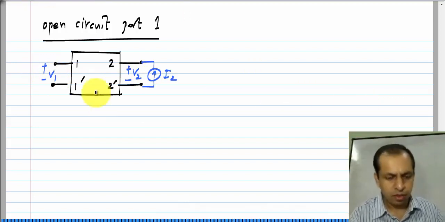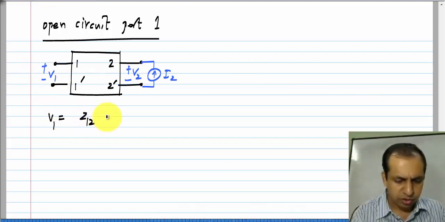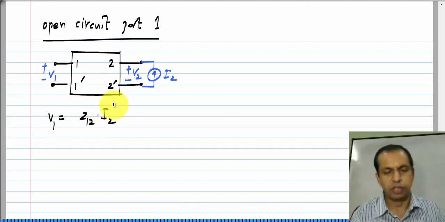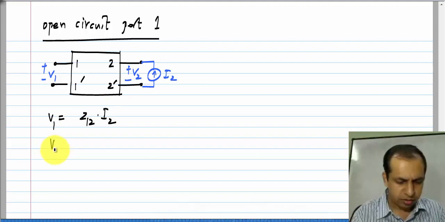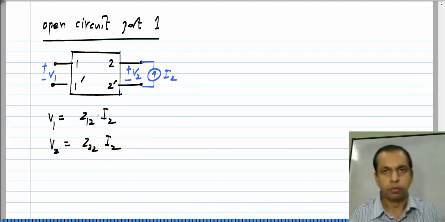So, the first equation reduces to V 1 equals Z 12 I 2, because Z 11 I 1 is 0, because I 1 is 0, and V 2 will be Z 22 I 2.